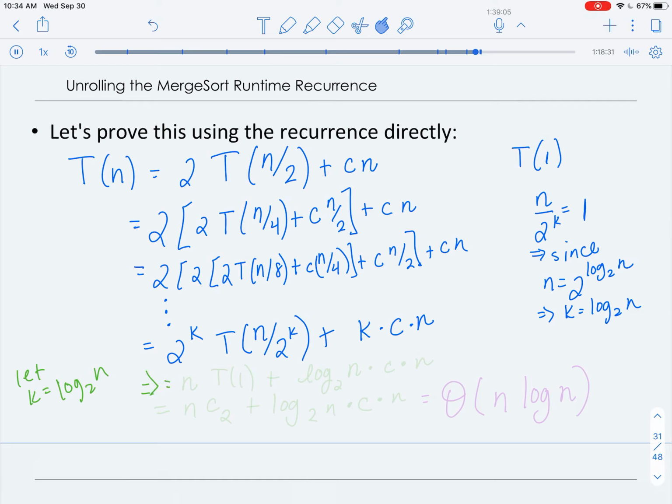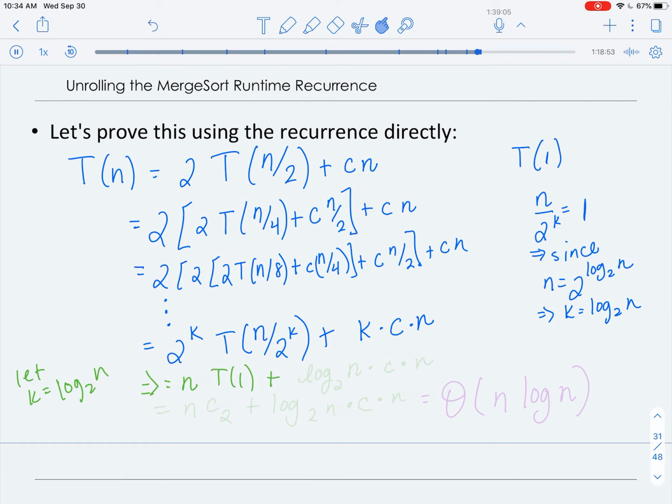So 2^(log2 n) is just going to be n, plus, well, we just have to do one more substitution. We'd have T(1) here, because 2^(log2 n) is n, so n divided by n is 1.